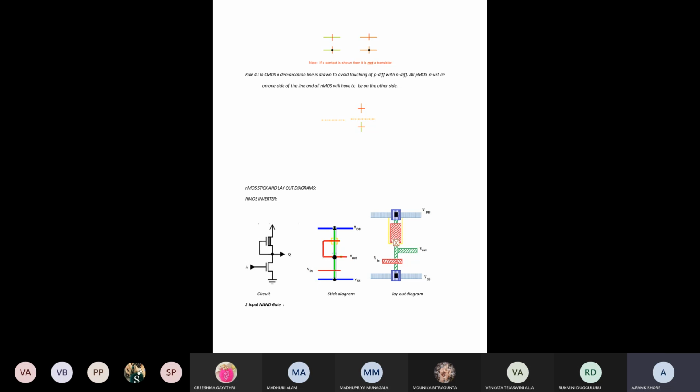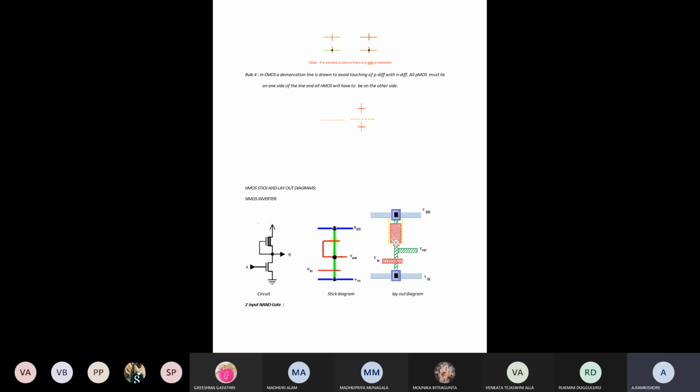The stick diagram has to work like a transistor, so at that time we have to use polysilicon. The polysilicon will cross the diffusion material.